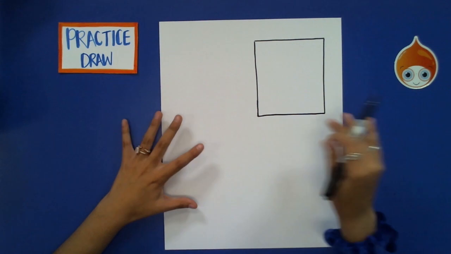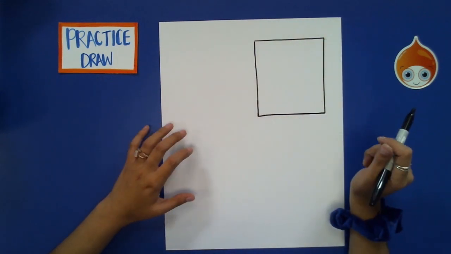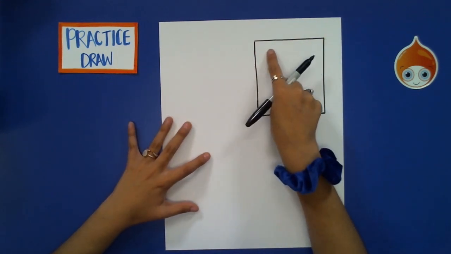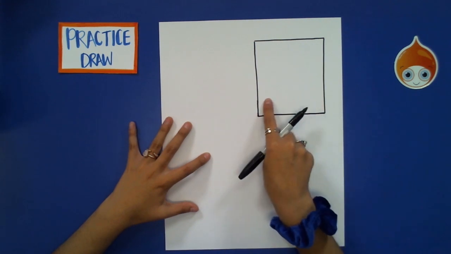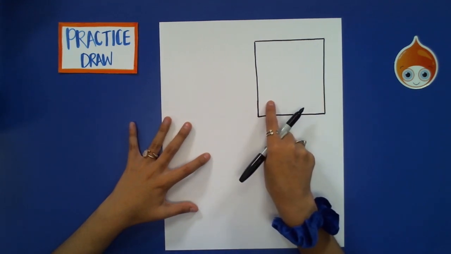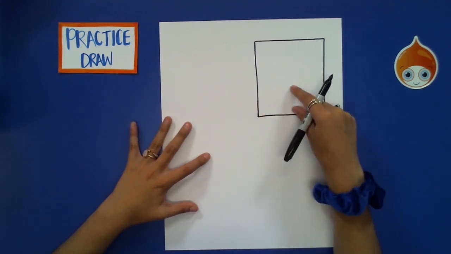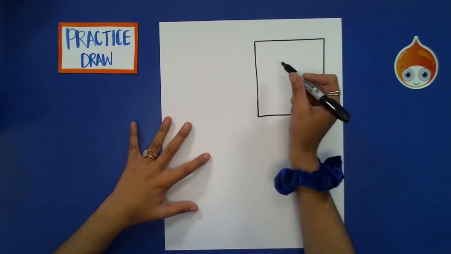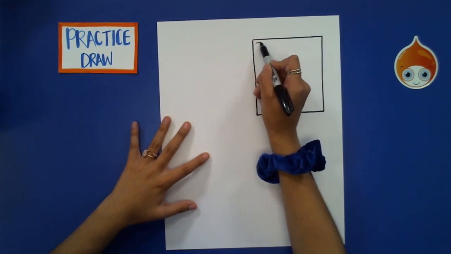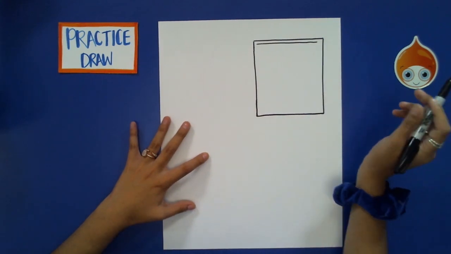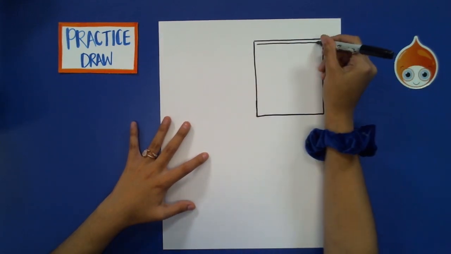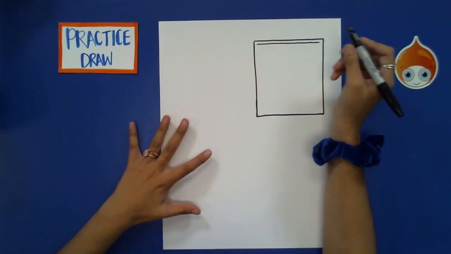And now that we have the outside of our picture, next we're going to draw an inside shape, a square. This time it is going to be a square, and we want the bottom of the picture to be much thicker than the top. So we're going to start up close to the top, draw a line that comes across, make sure it doesn't touch the sides of your picture.